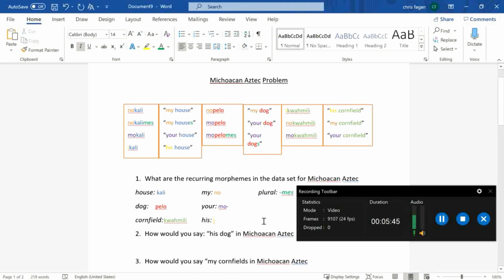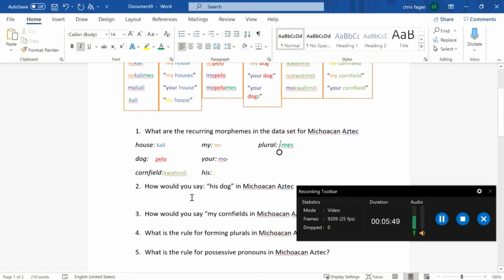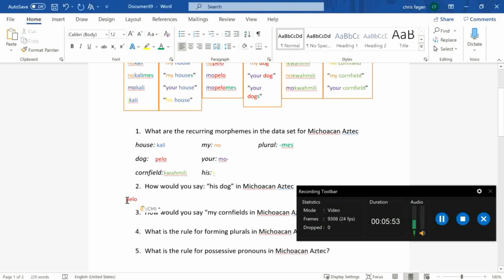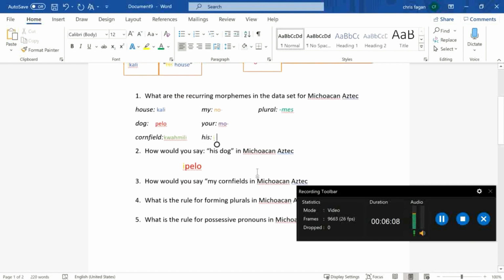So now I need to derive some new words. How would you say his dog? Well, dog is the root that I have, and his is the prefix e. So it looks like in Michoacan Aztec, the way I say his dog is y pelo. So now how would I say my cornfields?